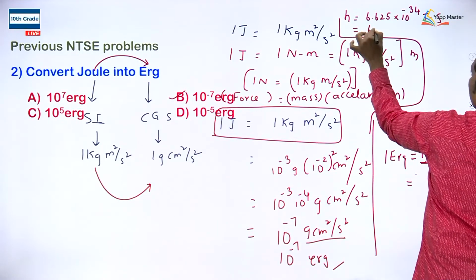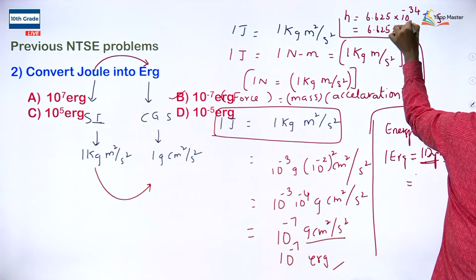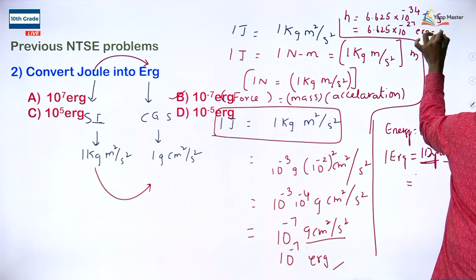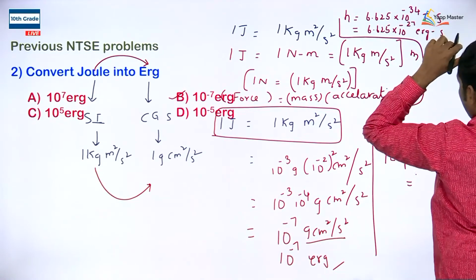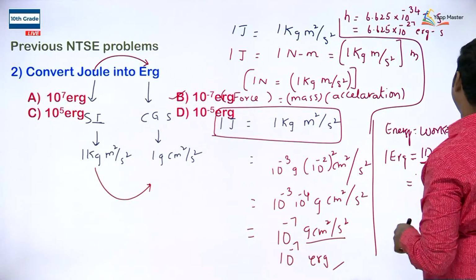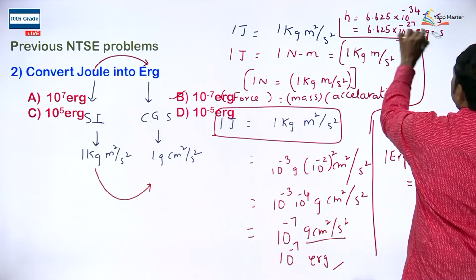So, 6.625 into 10 to the power of minus 27 erg second, in this case we can get this one. So, we are going to get this representation, easily we will find out that.